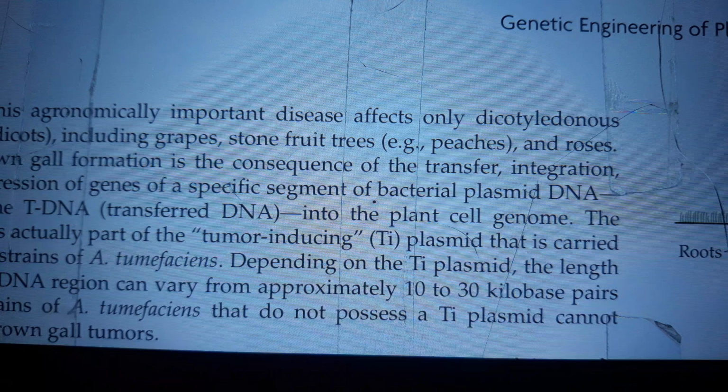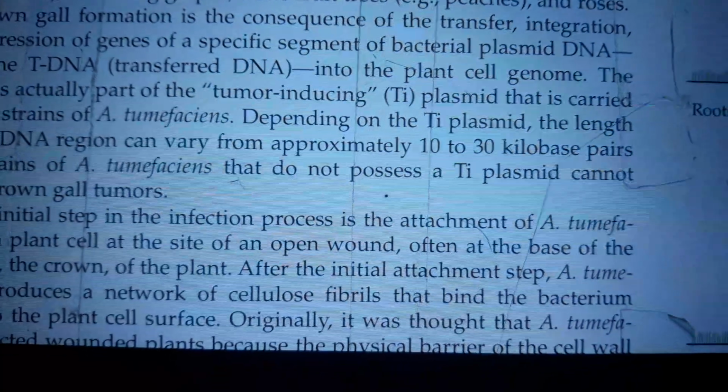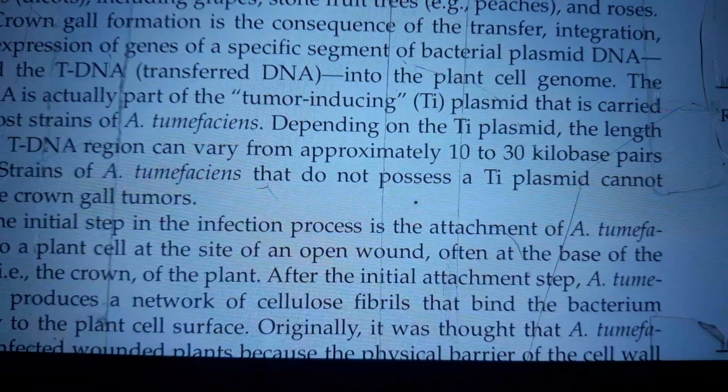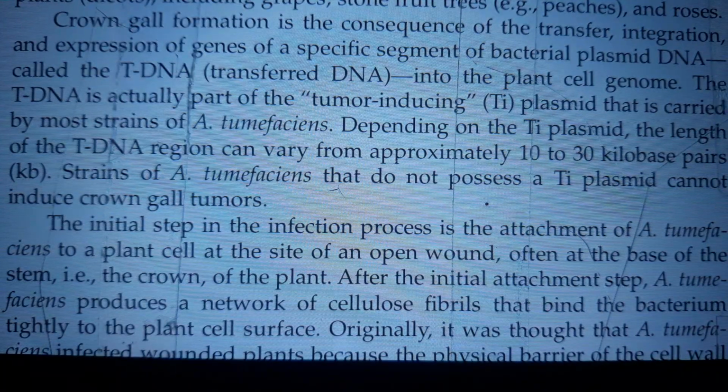This agronomically important disease affects only dicotyledonous plants, dicots, including grapes, stone fruit trees, such as peaches, and roses. Crown gall formation is the consequence of the transfer, integration, and expression of genes of a specific segment of bacterial plasmid DNA, called the T-DNA, transferred DNA, into the plant cell genome.